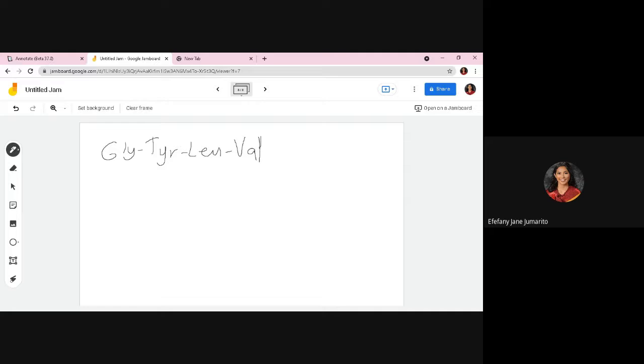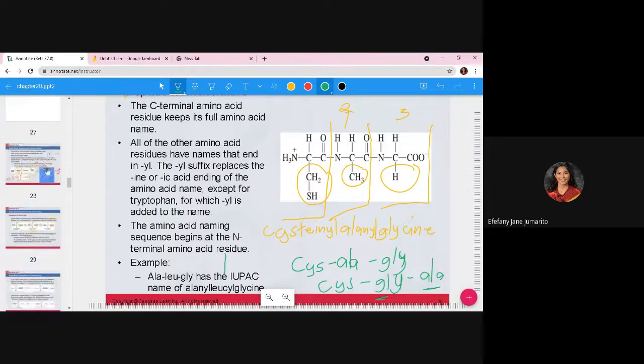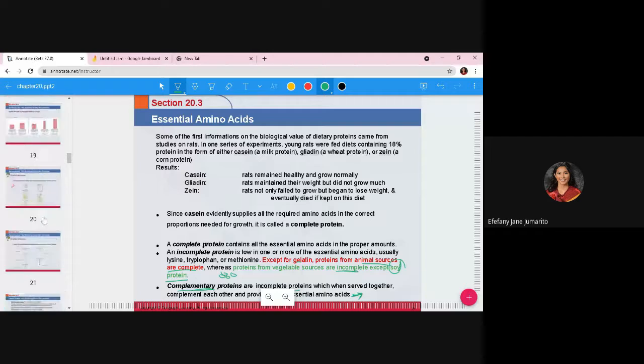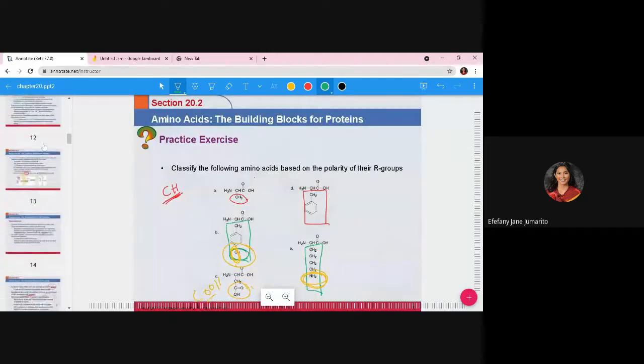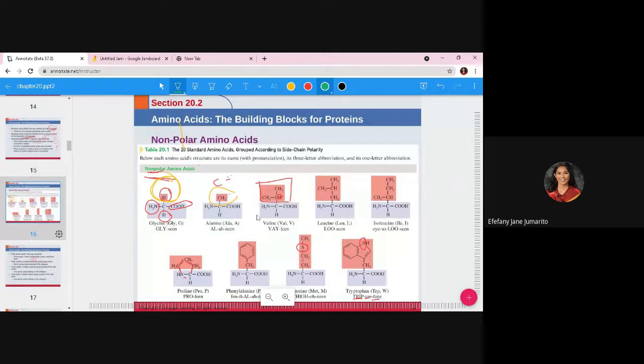We have glycine, serine. Glycyl, seryl, tyrosyl. TYR, what's TYR?